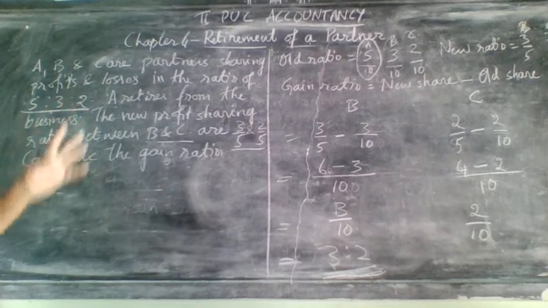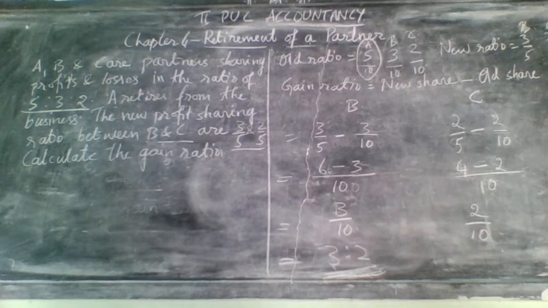At that time, use the formula new share minus old share and calculate the gain ratio. But for whoever retires from the business, you need to put a circle and then calculate the problem. So copy this problem in your rough book first and then in your notes. To understand this, let us do one more problem now.